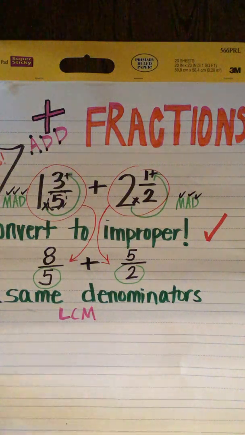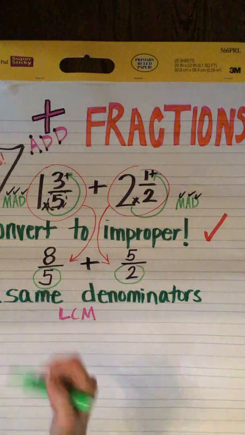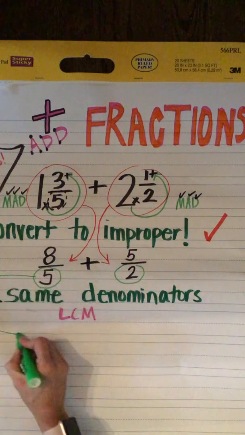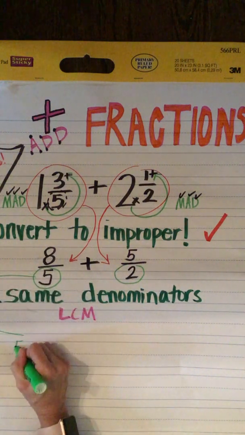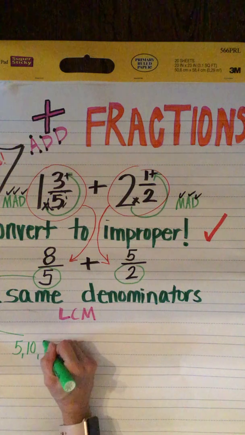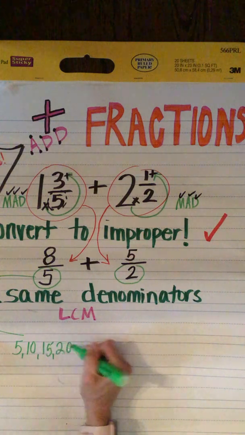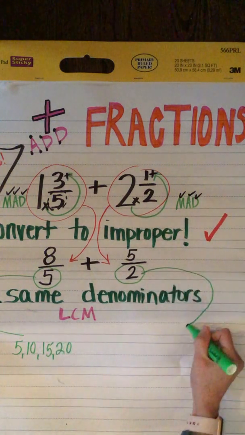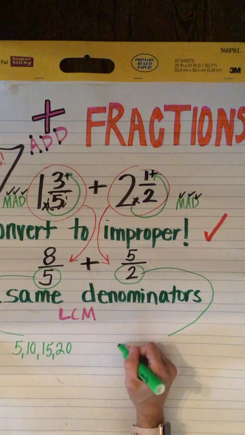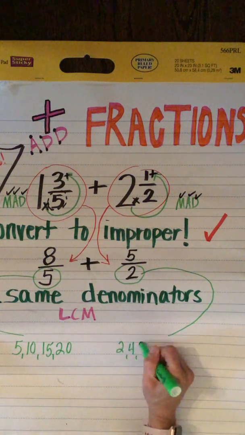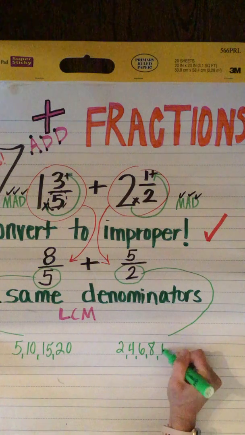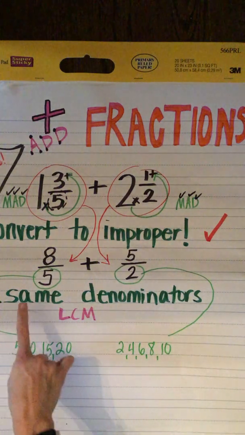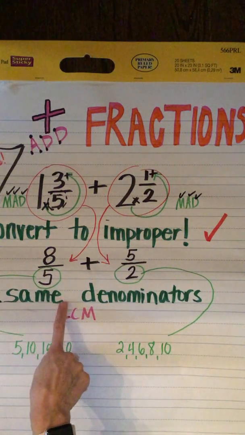So let's go ahead and look at the multiples of 5. So 5, 10, 15, 20. Let's look at the multiples of 2. 2, 4, 6, 8, 10. So I want the same denominators, find the multiples.